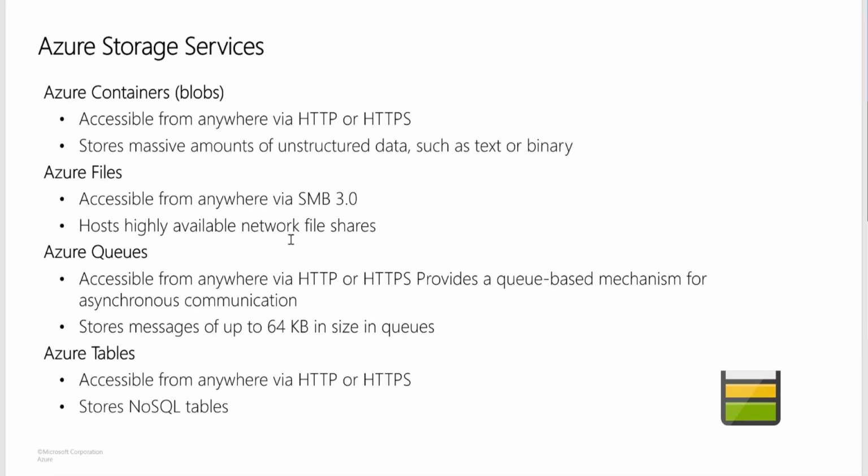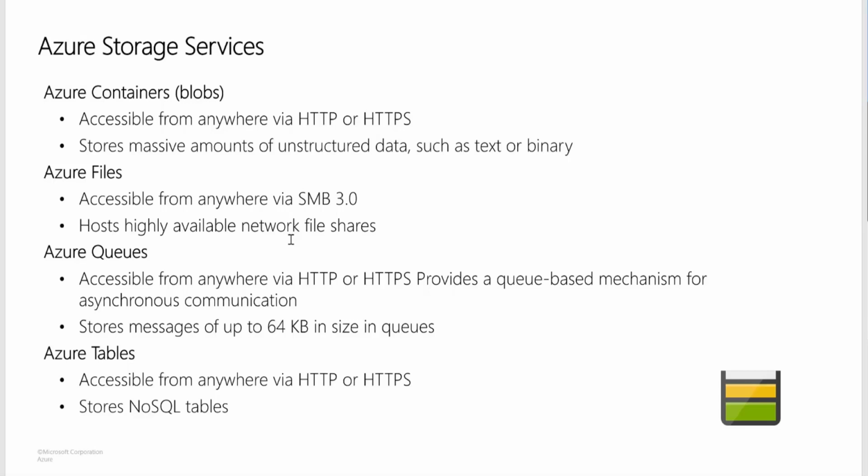Azure Blob Storage, which is also Azure Containers. Then we have Azure Files, Azure Queues, and Azure Tables. So Azure Blob Storage is Microsoft's object storage solution in the cloud. Blob storage is optimized for storing massive amount of unstructured data such as text or binary data.